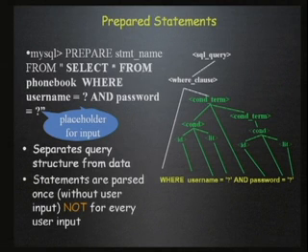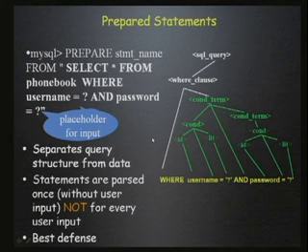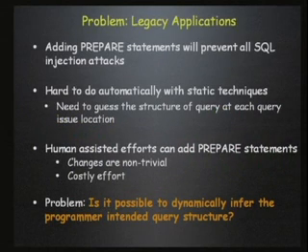Right? So the statements are parsed once without any user input, and not for every user input, and this is the parse tree for this query. So it is the best defense because now you have ensured that user input will never influence the query structure. Right? So the problem is with legacy applications, applications that are deployed today. Adding prepared statements to them will prevent all SQL injection attacks, but it's hard to do automatically.